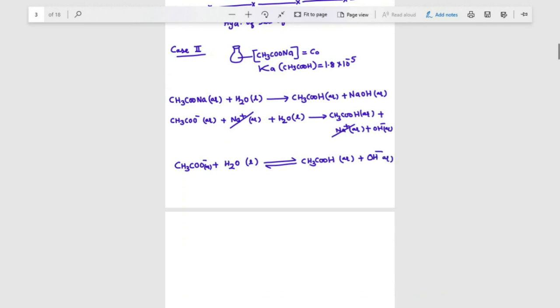It is also an acid base reaction because here it is a base, right? Because it can take H plus ion, and this is behaving like an acid. So water is an acid here and this is a base here.